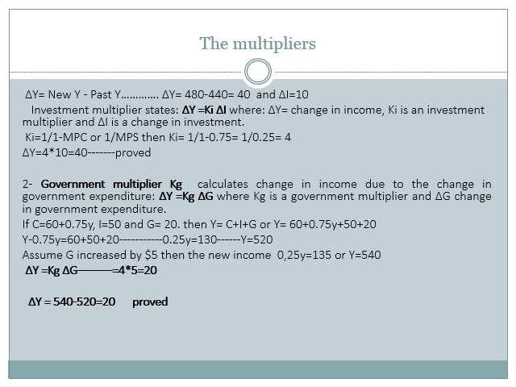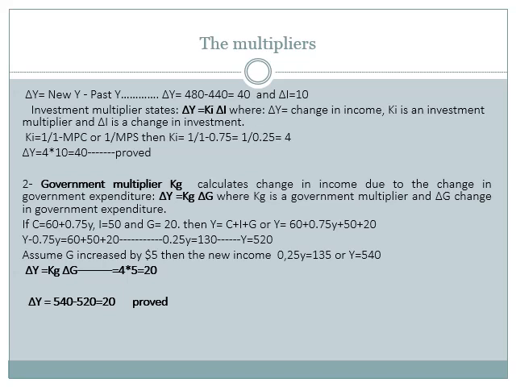Assume that G increased by $5, then G equals 25, not 20. Then the new income is Y equals 540. Due to the change in government expenditure by $5, the total income increased from 520 up to 540.